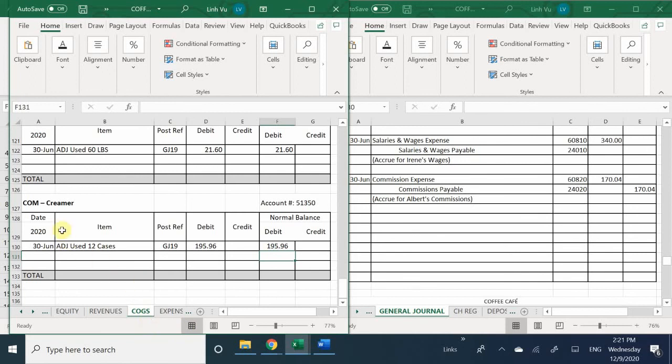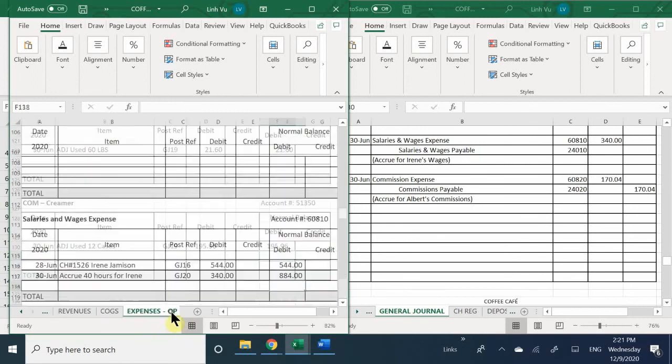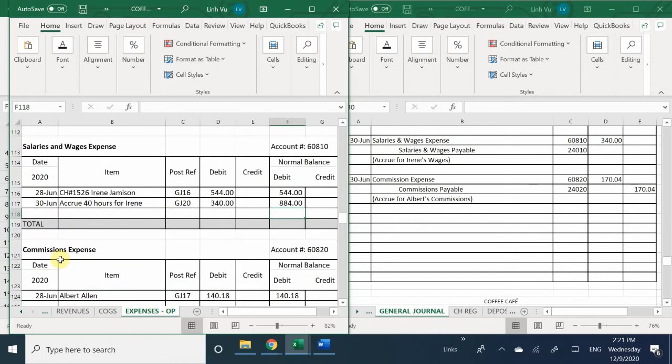Go to expense, to the commission expense, 6820.